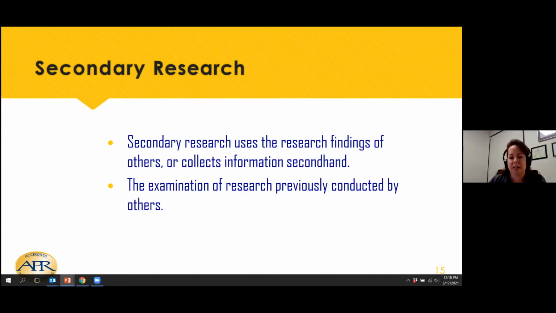This is information that you collect secondhand. It's been previously conducted. This is usually the type of research that you would find that's pre-published studies. So you'd be finding something on the internet or in medical journals, for example, information collected by others that you are utilizing, but that you did not collect yourself.